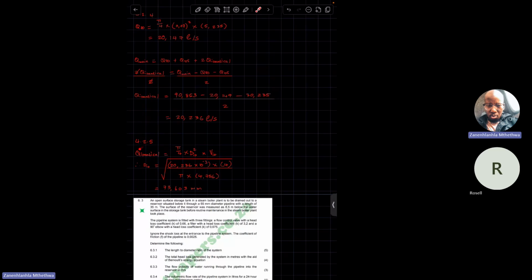We already have this. This is what we're looking for, and then this is given. So all I did there was simply make the diameter the subject of the formula.